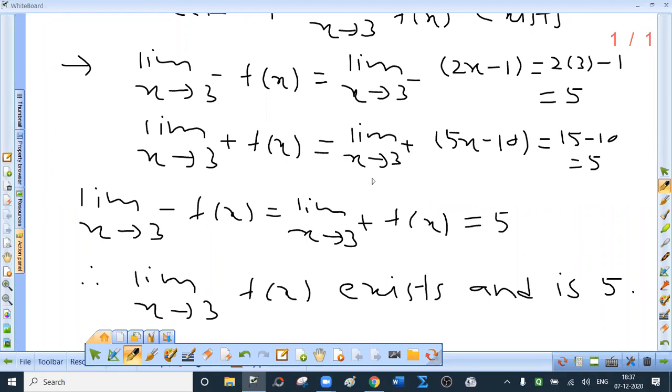Now one function cannot have two different limits for the same limiting value. So for the existence of a limit, the left hand limit must be the same as the right hand limit. Then and only then we say that the limit exists, otherwise the limit does not exist. So tomorrow we'll be solving sums using this concept.